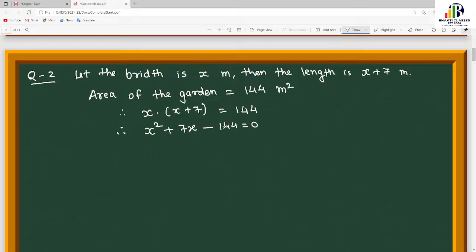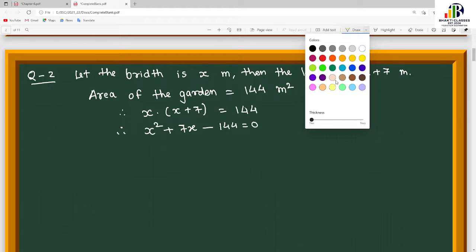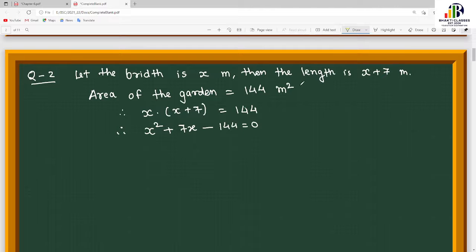This is the quadratic equation. Okay, to solve this quadratic equation by splitting up the middle term, we have to make a prime factorization of 144.